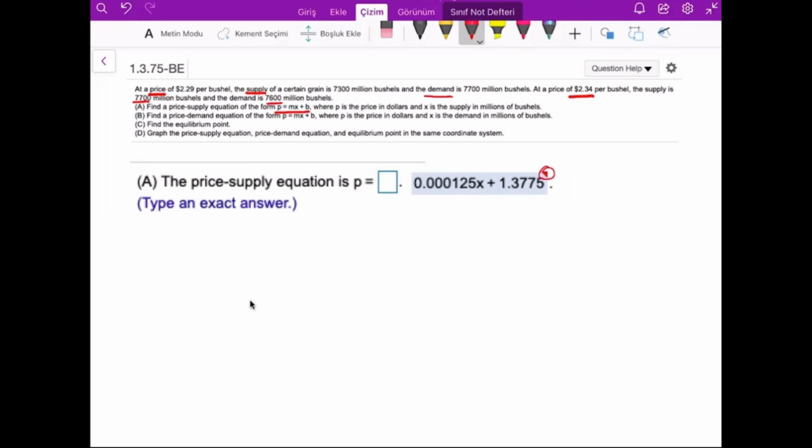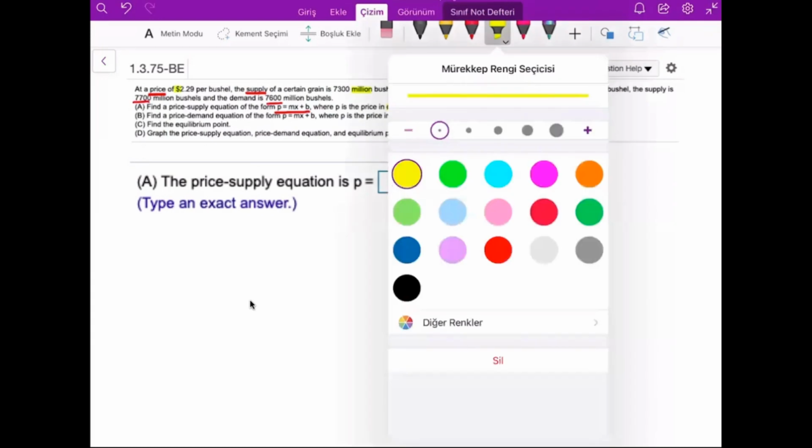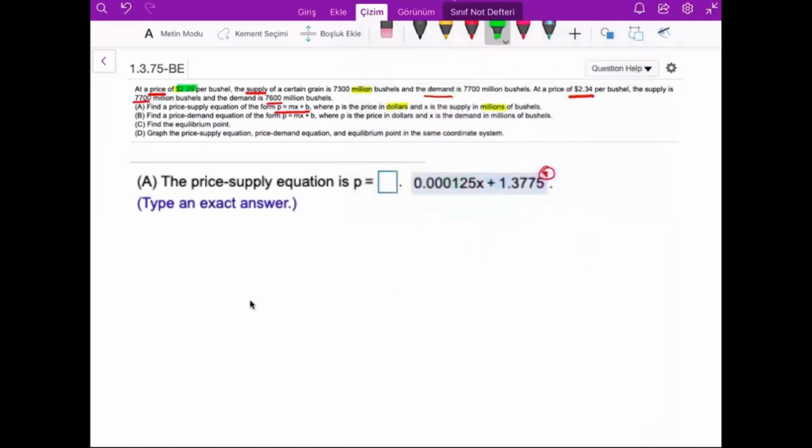So it is given in millions, there is no problem, we just use this value. This is dollars, so again, no problem. So for the price-supply, let's use the price and supply values.